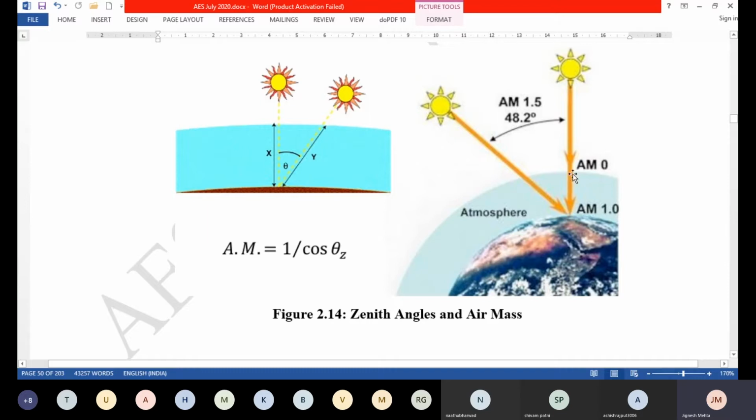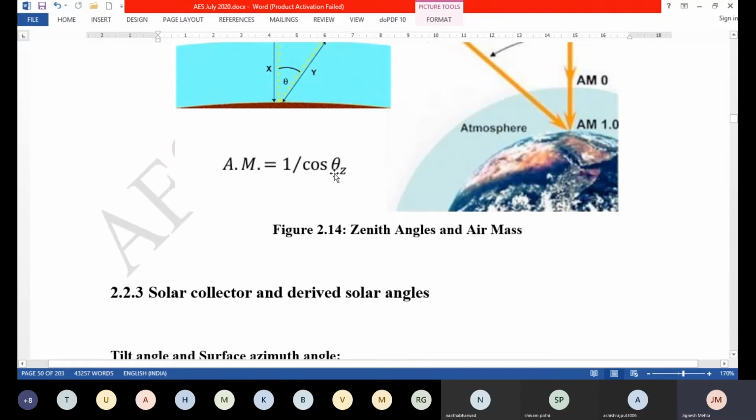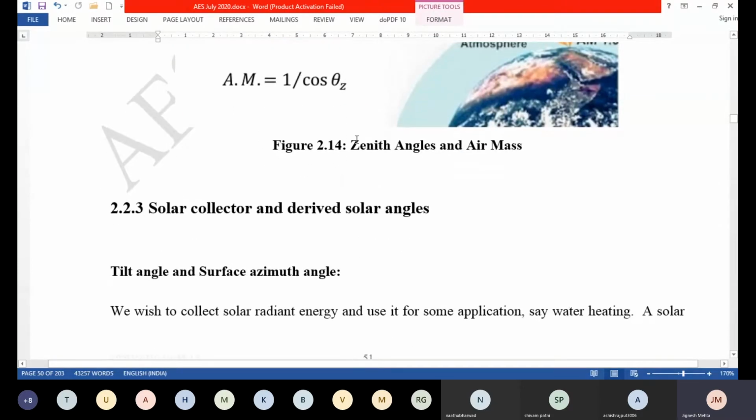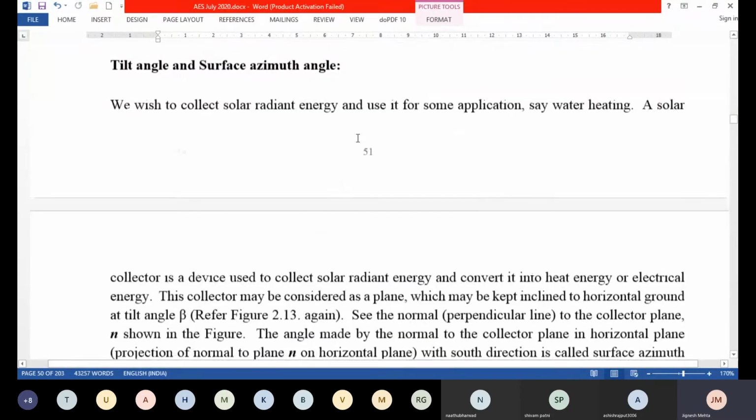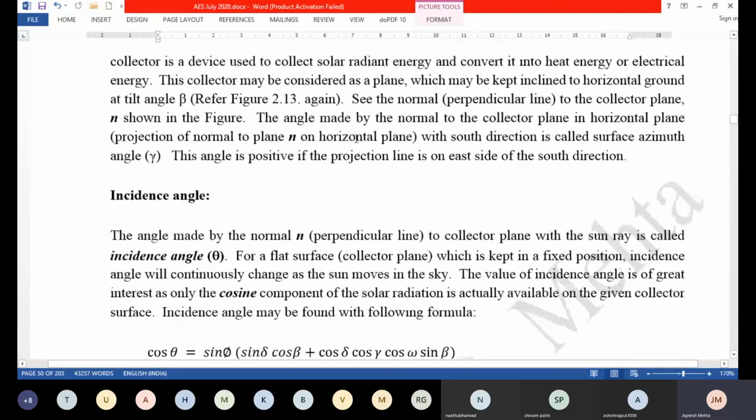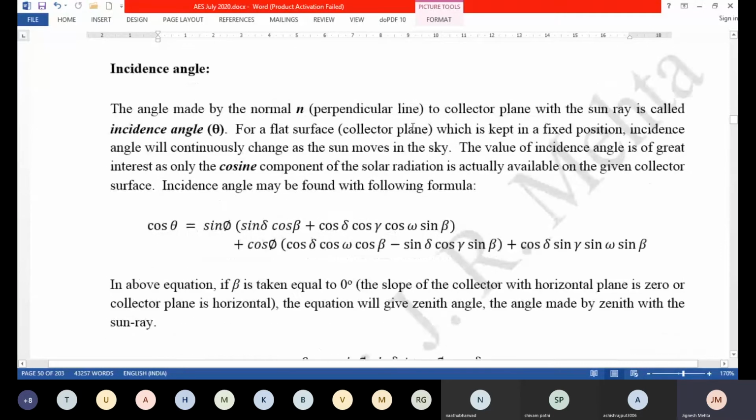When it is overhead, the path is shortest. When it is not overhead, the path is longer, and the relative path is nothing but the air mass. So that is 1 upon cos theta z, where theta z is zenith angle, or it is sec theta z. So you get the value of air mass with the help of that formula.